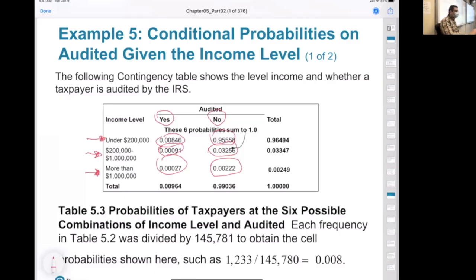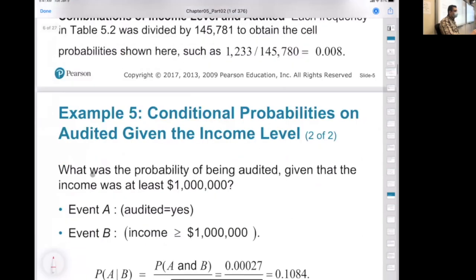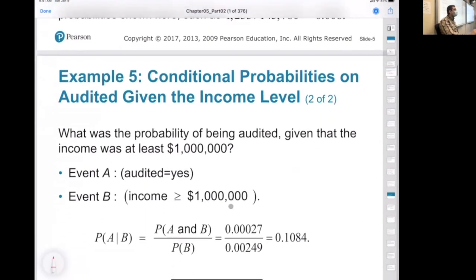The question is, what was the probability of being audited given that the income was at least 1 million? As you can see, given, a very important word, means we are dealing with conditional probability. So given that what? Given that the income was at least 1 million.